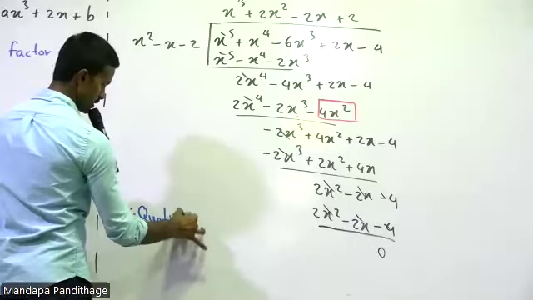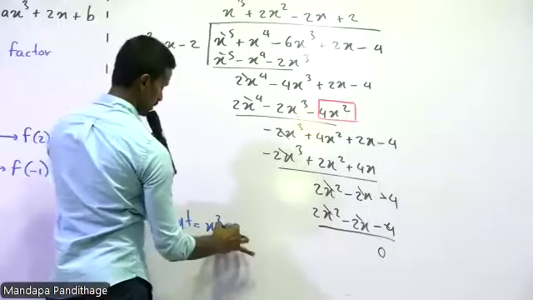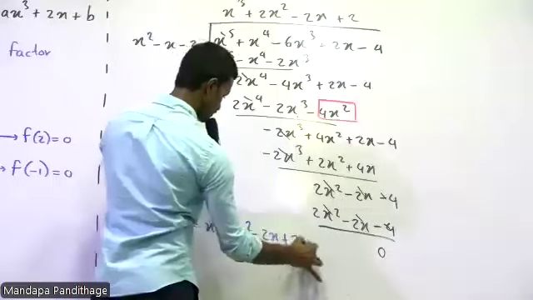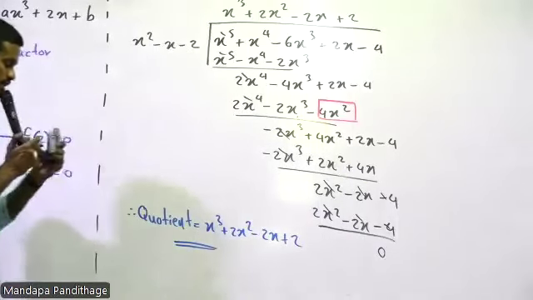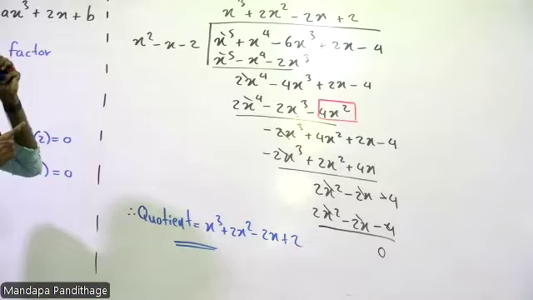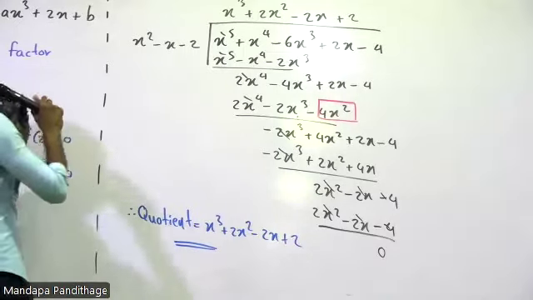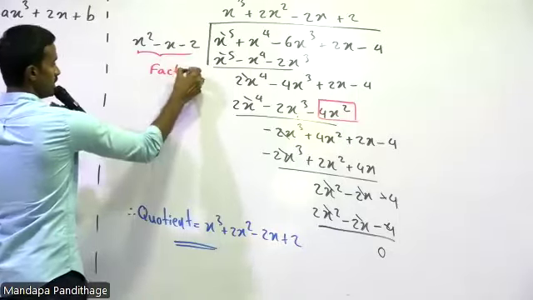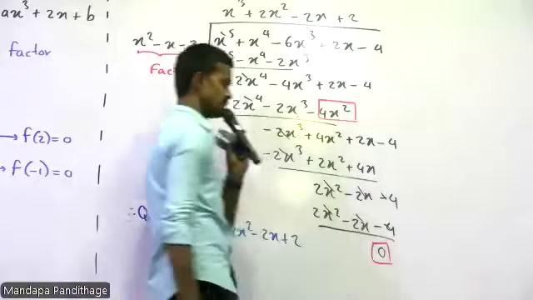So the quotient is x cubed plus 2x squared minus 2x plus 2. This becomes 0. Clear? Okay. So every time you divide by a factor, make sure your remainder is equal to 0. So that is the way that you can check your division.